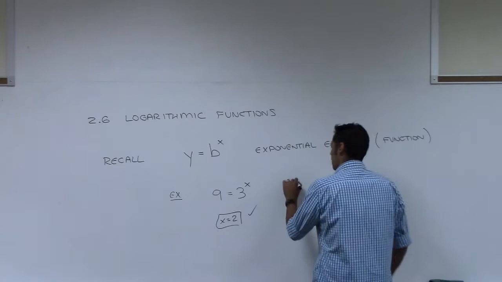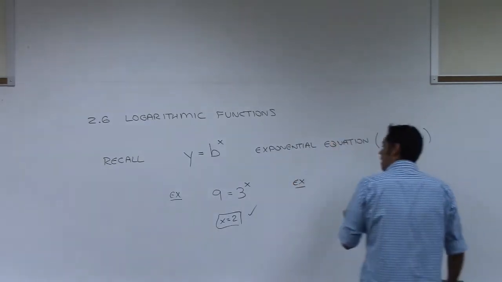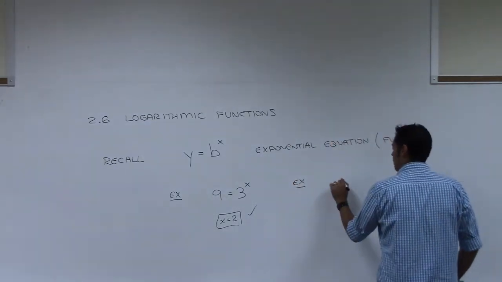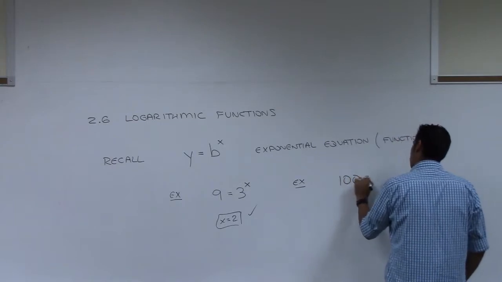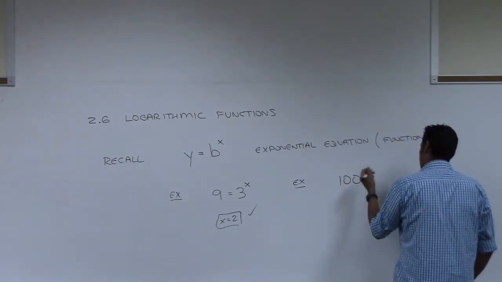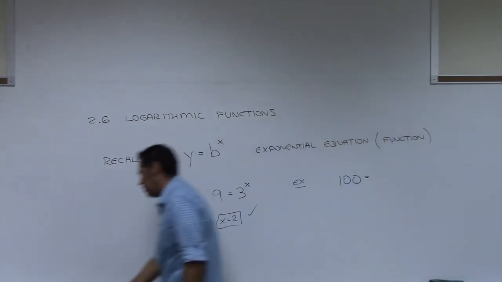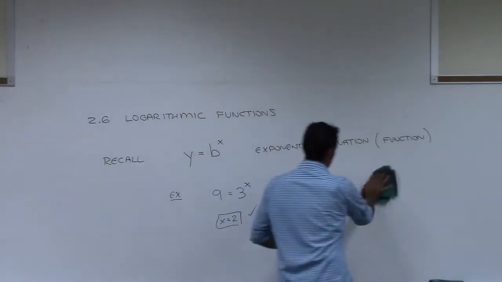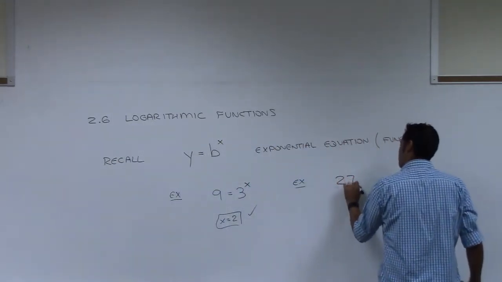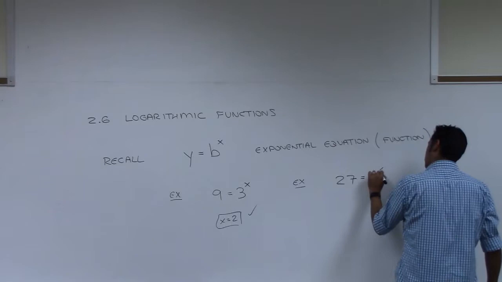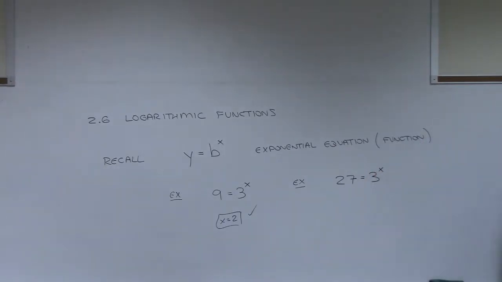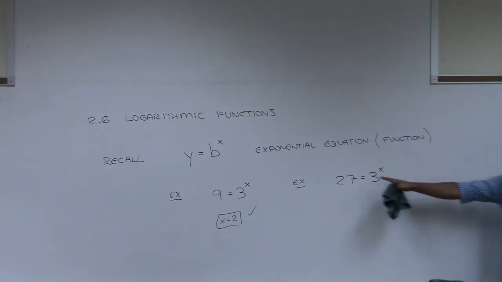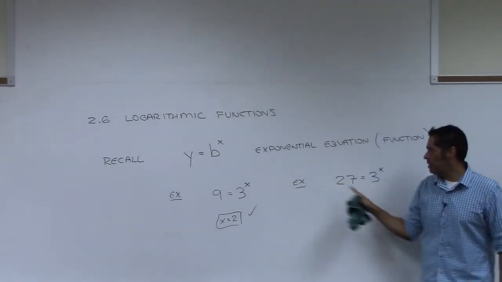Okay, let's do another one. Let's do 27. 27 equals 3 to the x. Does this look like an exponential equation? Yes?